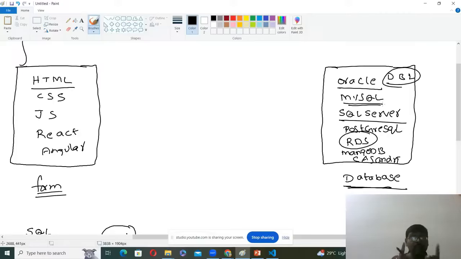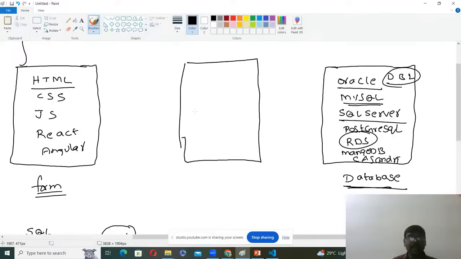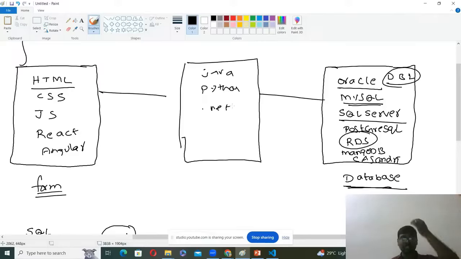Understand carefully: between my insertion and storing, some mediator is there. Without the mediator, it is not possible to store your information into the database directly. Some mediator is there: Java, Python, .NET, C++, C Sharp, etc. Generally, this is called the front end.